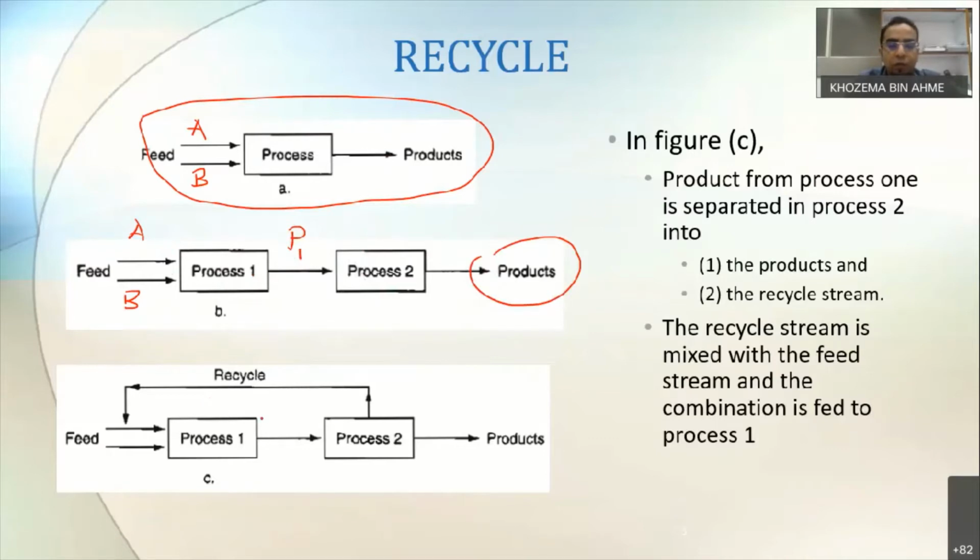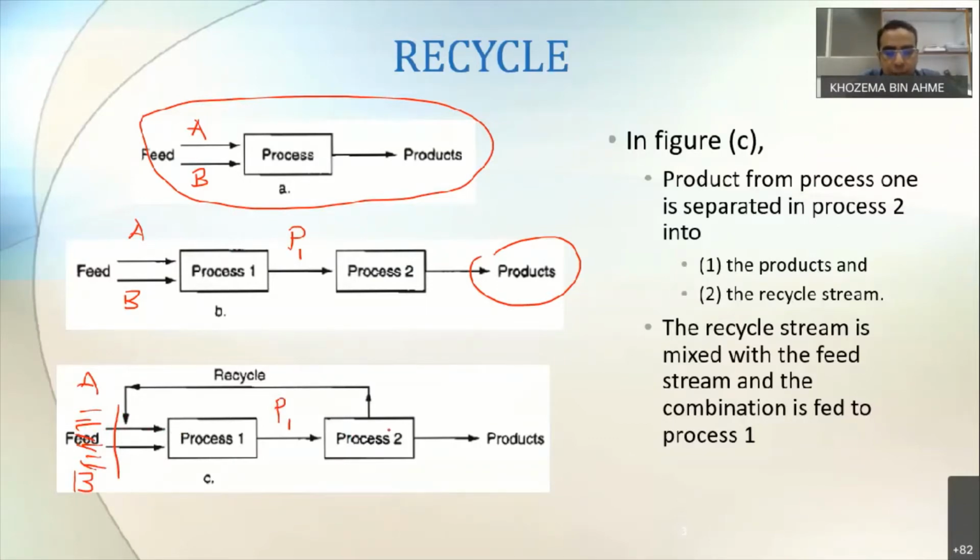Now when you have a recycle, this is how your recycle stream will look. This is fresh feed, from here on. Your fresh feed initially will be going into your process 1. Let's say this is A and B again. You will go to process 1. It will produce some product P1, similar to here, and then it will go to your process 2.